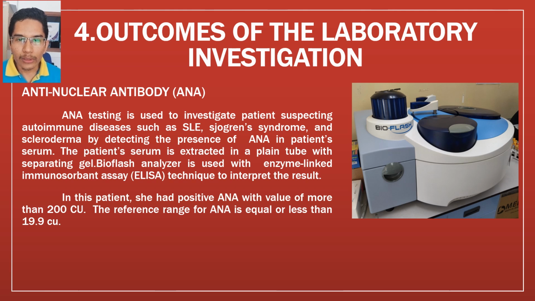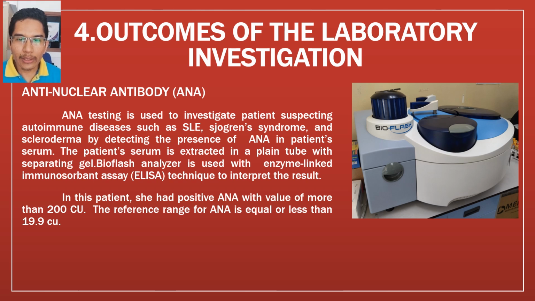Outcomes of the laboratory investigation. Anti-nuclear antibody (ANA). ANA testing is used to investigate patients suspected of autoimmune diseases such as SLE, Sjogren's syndrome, and scleroderma by detecting the presence of ANA in the patient's serum.